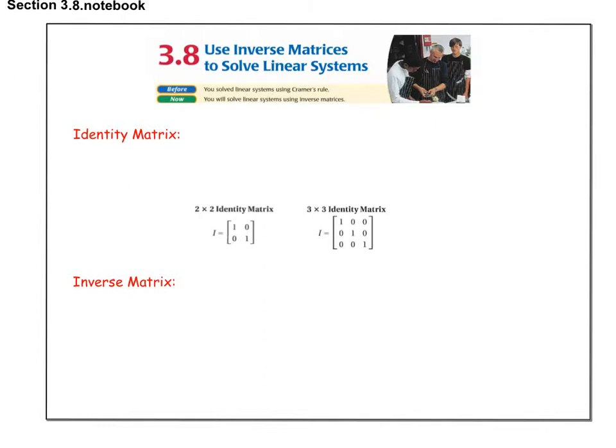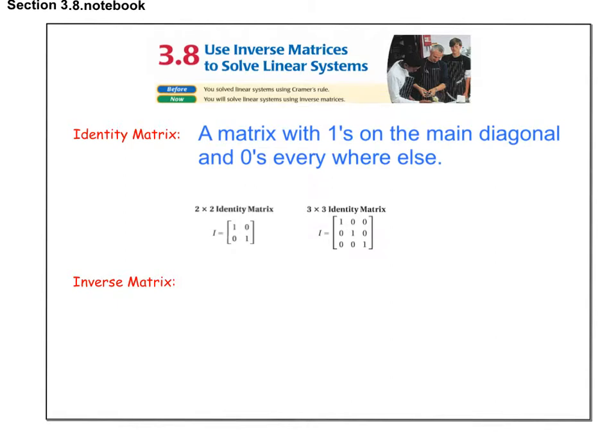So an identity matrix is a matrix with 1s on the main diagonal and 0s everywhere else. In the picture below, you can see the identity matrix for a 2 by 2 matrix. You would take your matrix and multiply it by a matrix with 1s on the diagonal and 0s everywhere else, and then you would get that original matrix back out.